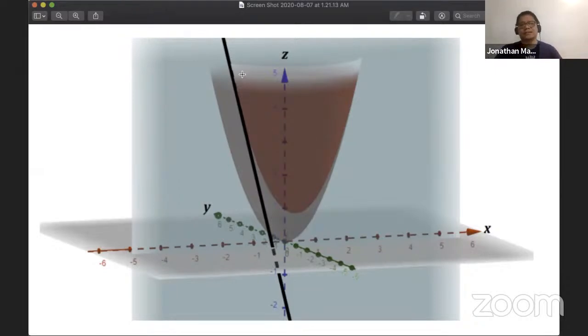And take note that the slope of this line is negative 4. Ang orientation natin para makuha natin yung slope na to is parallel to the xz plane. Okay? Yung horizontal axis natin ay yung x-axis natin, yung vertical axis natin ay yung z-axis natin. Okay? So that is the slope of the tangent line.